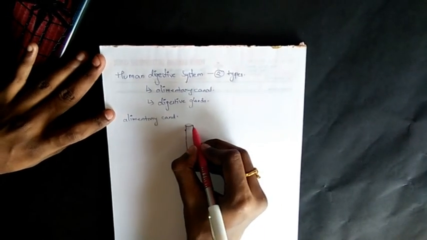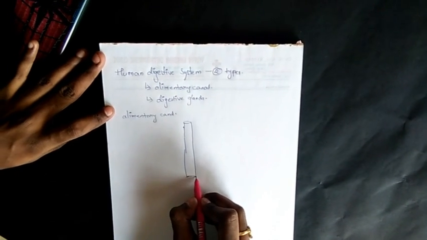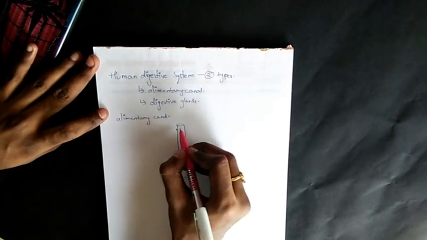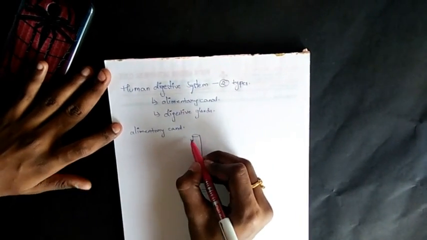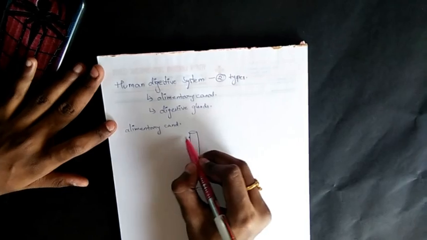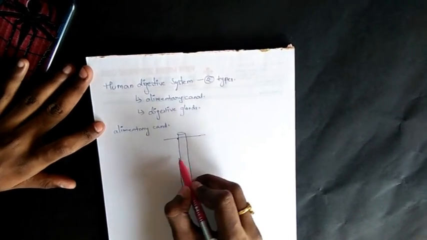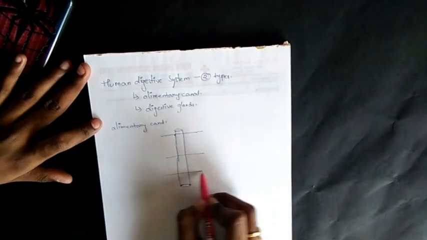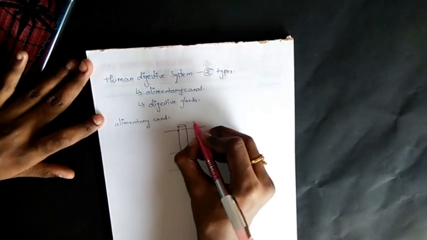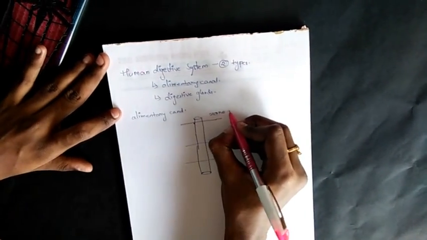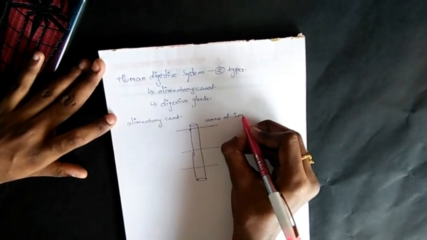As we all know, our coelom is of enterocoelomate type, that is, tube within a tube. Here we will divide this alimentary canal into four zones. The first zone is the zone of ingestion.